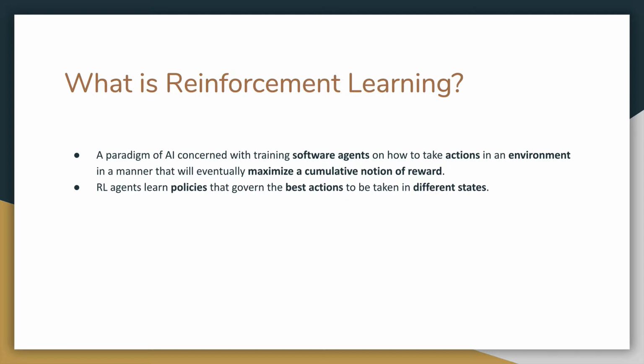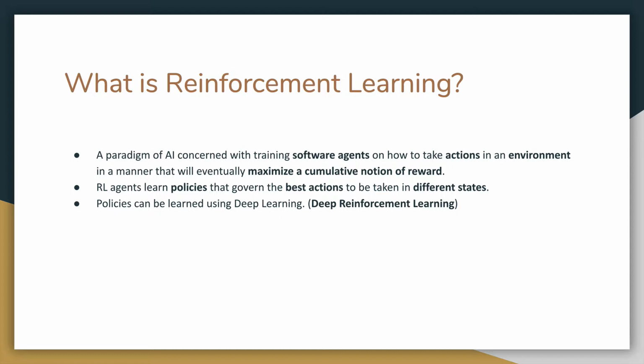So that is what is known as a policy in reinforcement learning. It's just a set of rules that governs how the agent behaves based on the different situations that it finds itself in. Okay, and policies can be learned using deep learning.